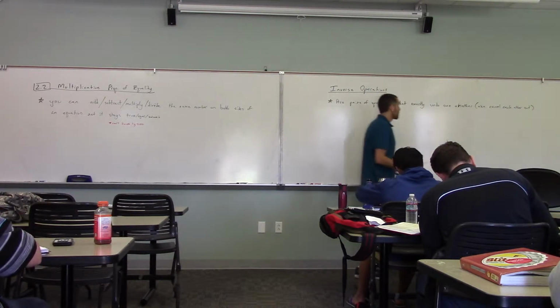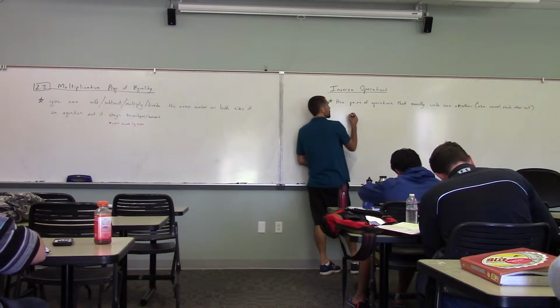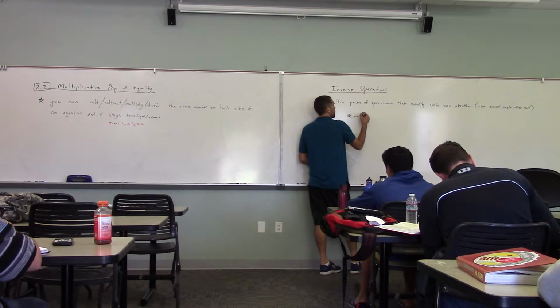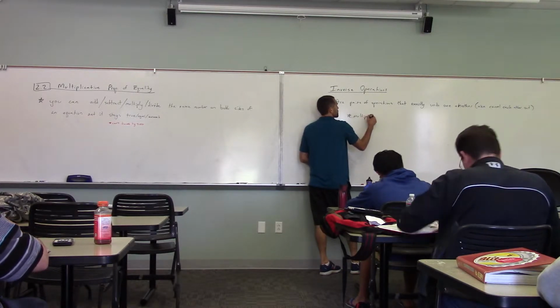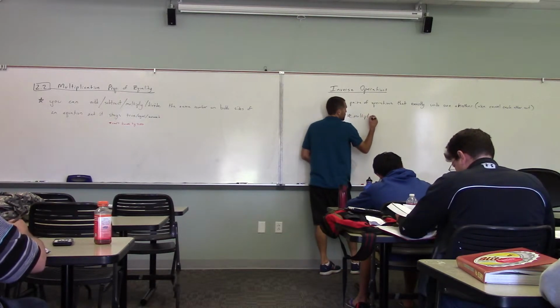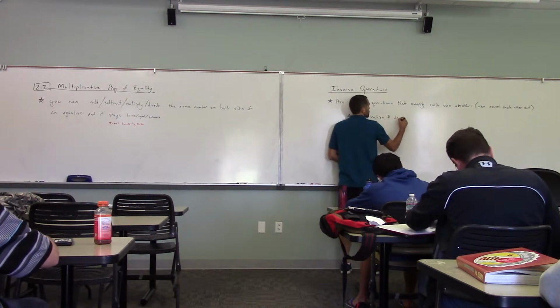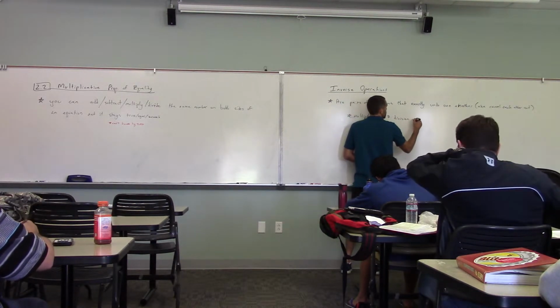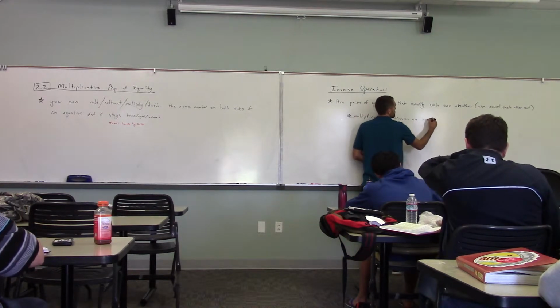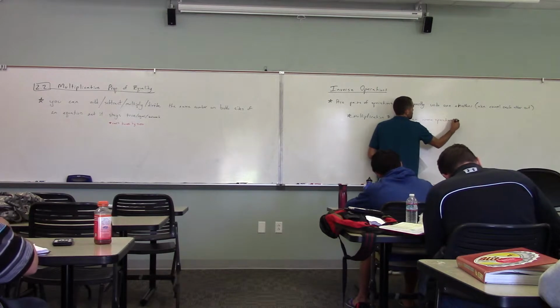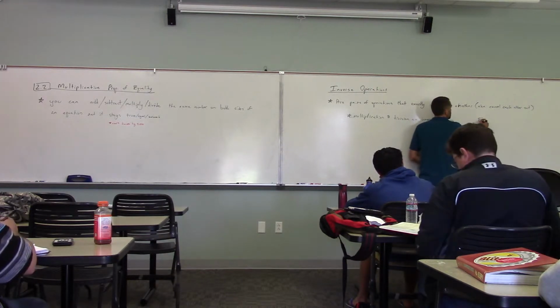Okay. So the most common two examples that we're going to use are multiplication and division. Man, I have the hardest time spelling multiplication and division are inverse operations. Right? Here's an example.